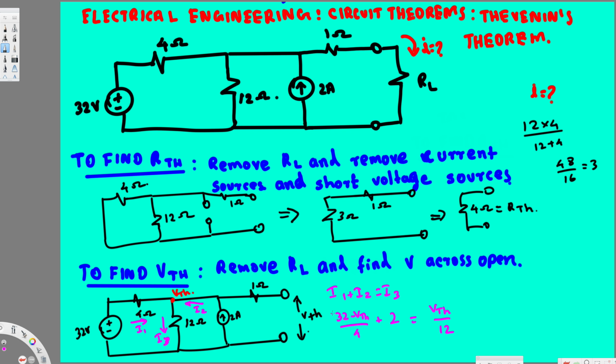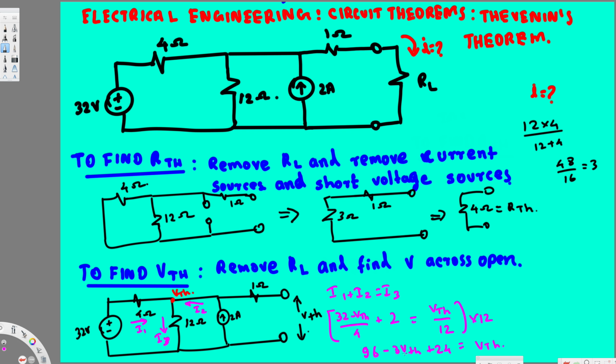Now to get rid of the denominator we can multiply everything by 12, so this is going to be 96 minus 3 Vth, plus 12 times 2, which is 24, equals Vth.